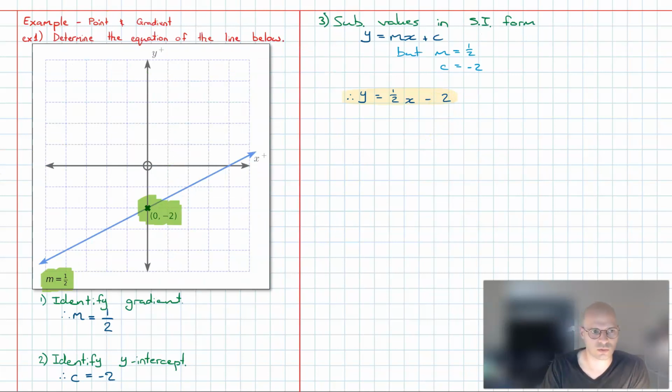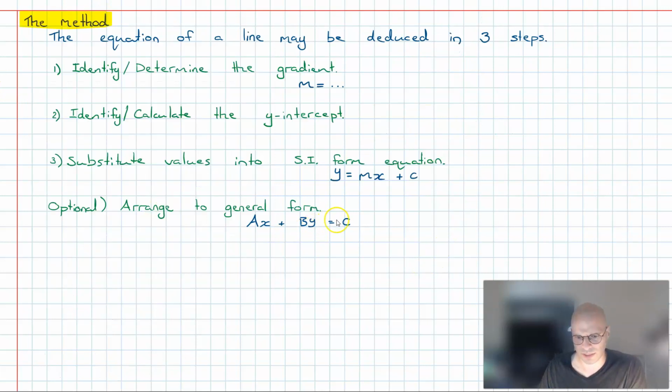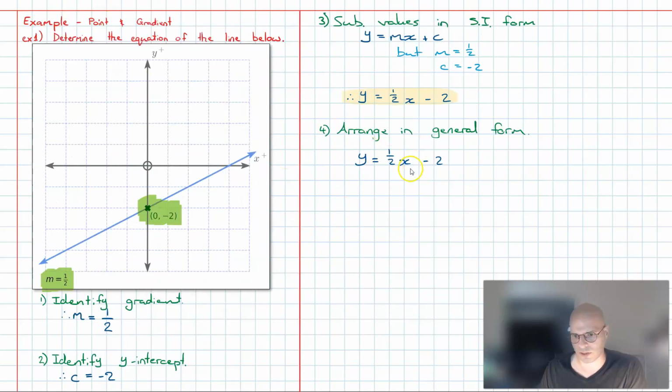Now to do this, I simply need to employ my rearranging skills. To begin this process, I simply write my equation out one more time. And what I find is that for general form, my x's always need to be on the left-hand side, and so do my y's. And my constants, so just my numbers, need to be on the right.